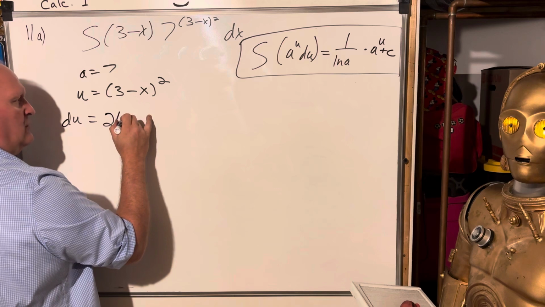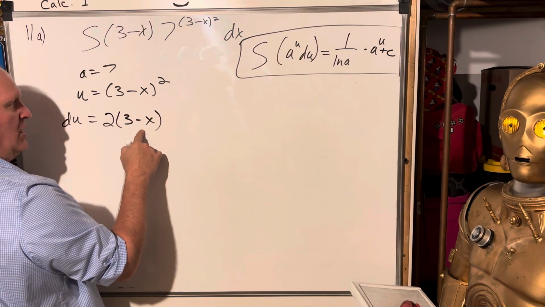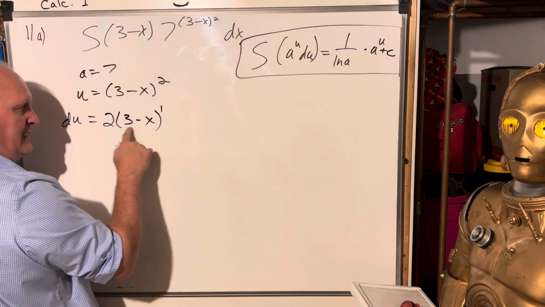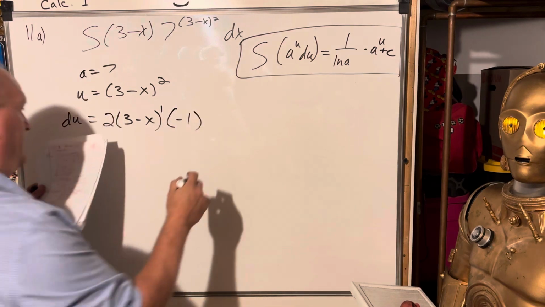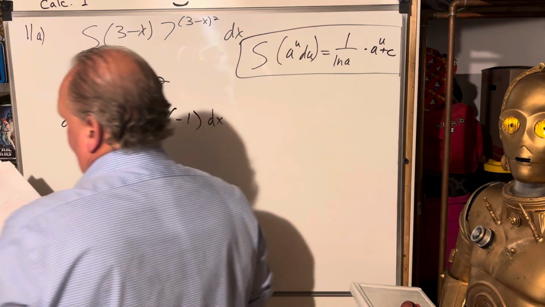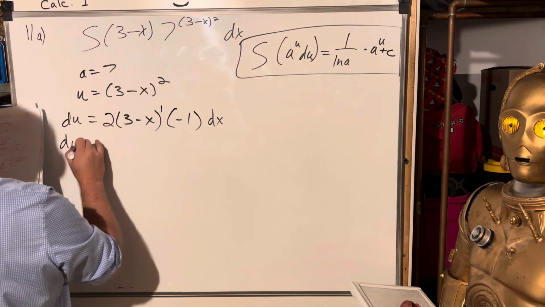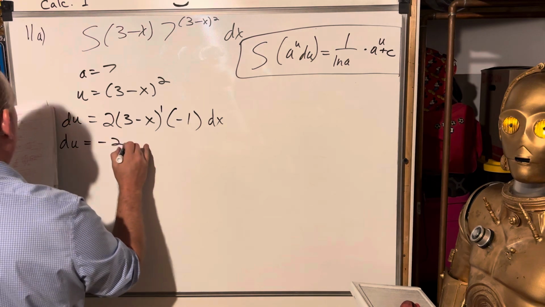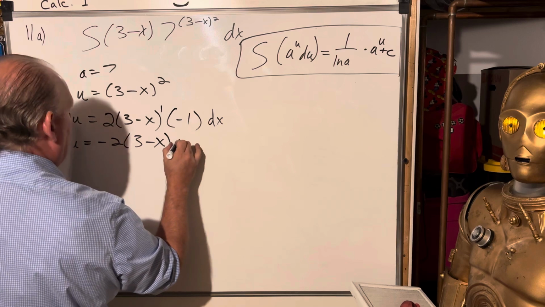First you do the power rule, but then you multiply by the derivative of what's inside there, and then the dx after that, right? And so that negative will just crank onto the 2. So I got du is equal to negative 2 times the quantity 3 minus x dx.